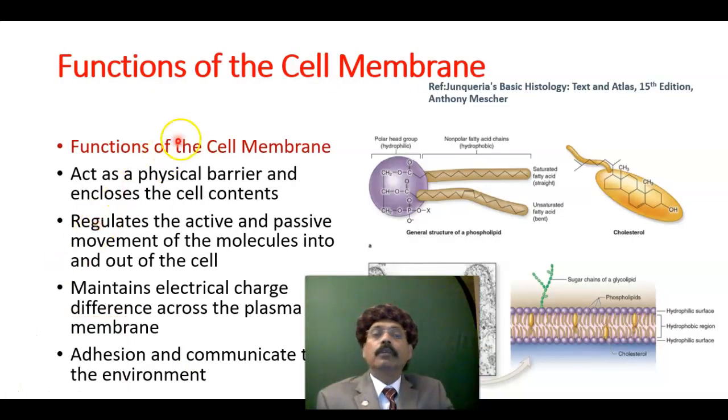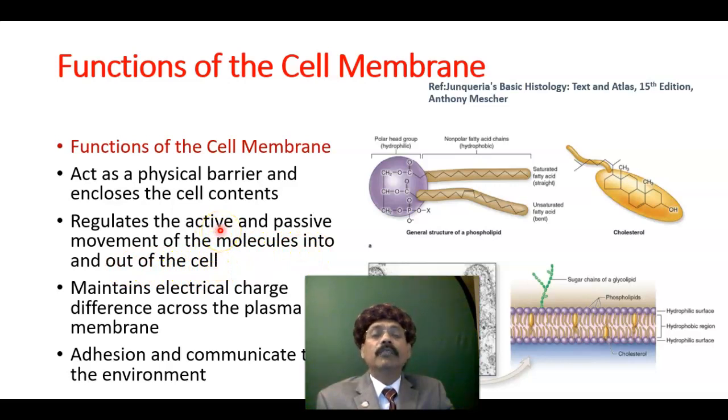So what are the functions of the cell membrane? It acts as a physical barrier and encloses the cell contents, and regulates the active and passive movement of molecules into and out of the cell.